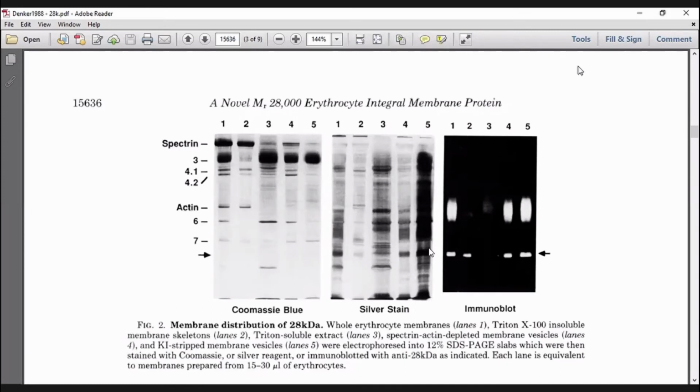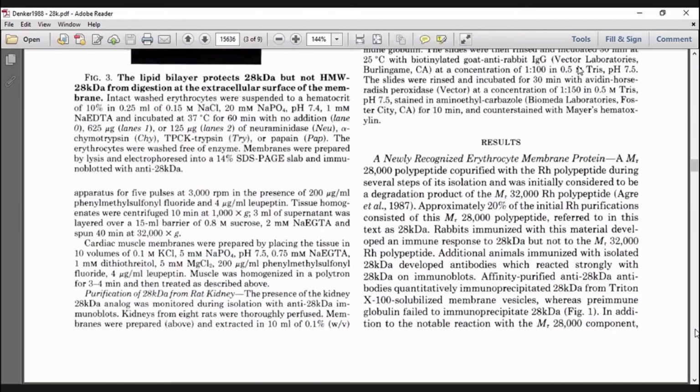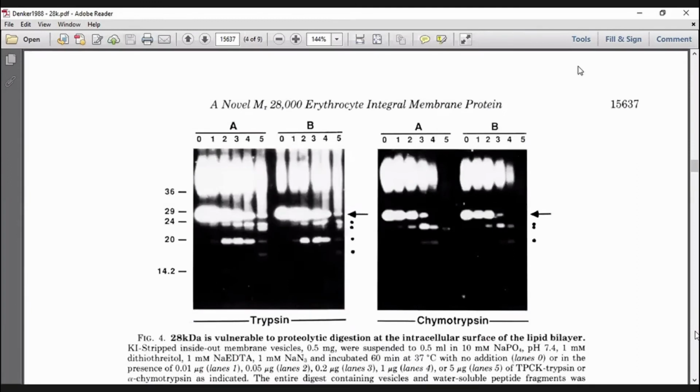Dia langsung tak tahu. Langsung tak tahu proteinnya apa, but he is determined enough to ask around. You can see here, if you read this paper, he used a lot of techniques, yeah, different techniques to identify who is this guy, siapa orang ni, apa benda ni, yeah?